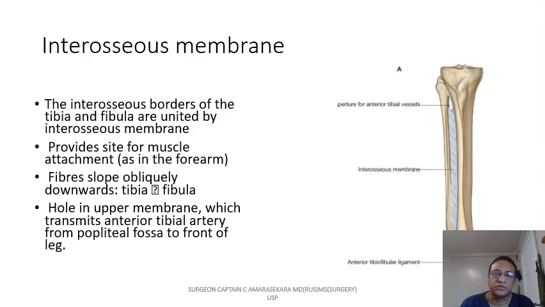Coming to the interosseous membrane, this slide illustrates it. This is a fibrous sheet connecting the tibia and fibula, much like its counterpart in the forearm.